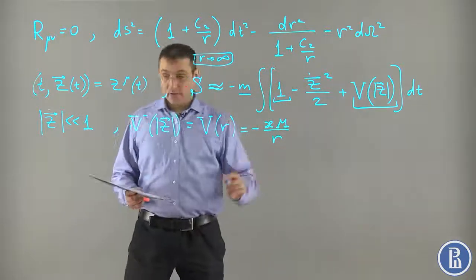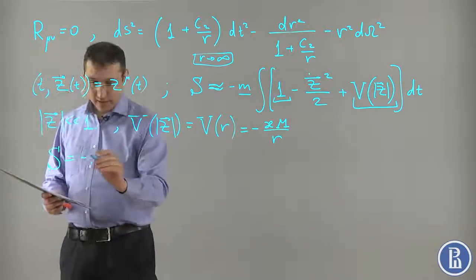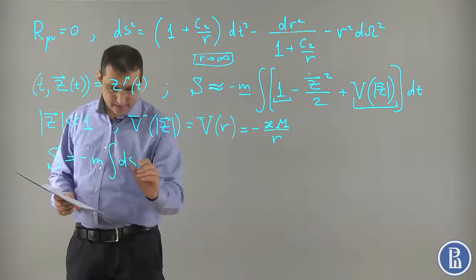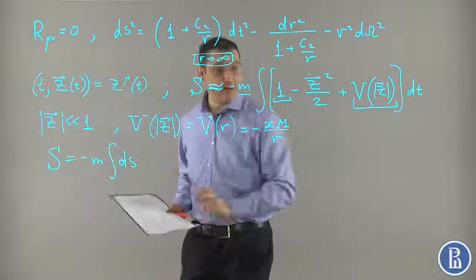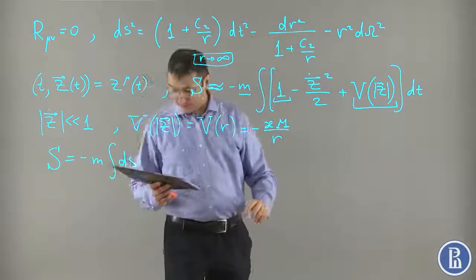So we know that the action, actually the relativistic action, should be equal to this. And this is just its approximation when we are very far and for slow velocities.